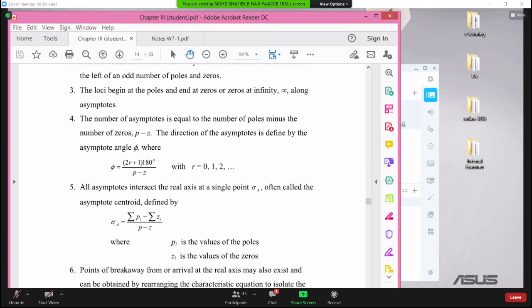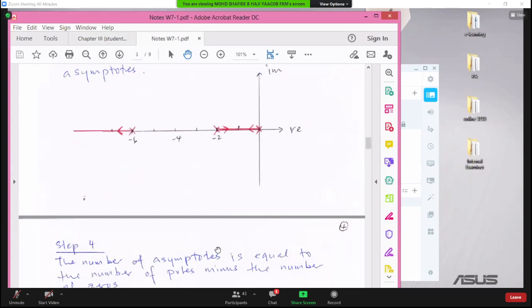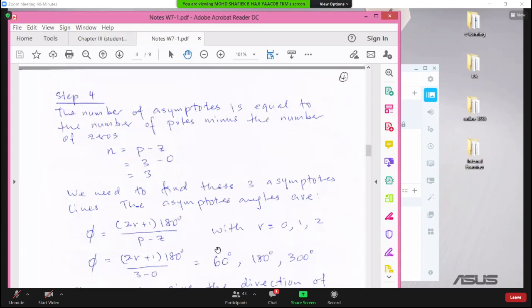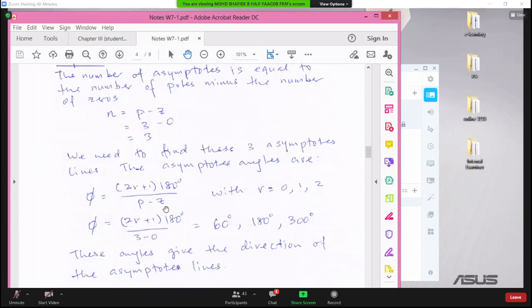Okay, so let's compute the angle. This is the number of asymptotes, the number of poles minus the number of zeros. So we have 3 asymptotes. Since we have 3 asymptotes, we need to find 3 asymptote angles.